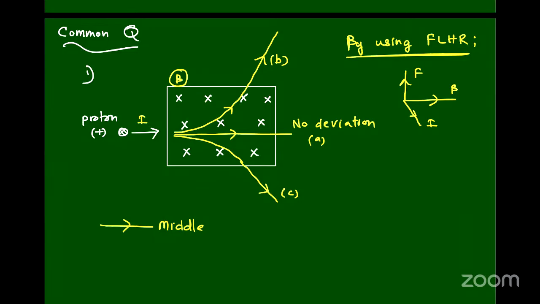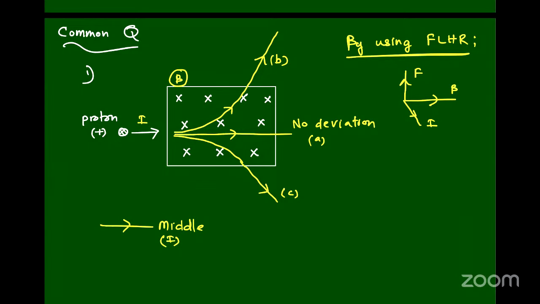You need to place your fingers in a perpendicular manner, and you need to rotate your hand and guess the direction. So the current direction will be given by the middle finger. So you need to place it like this. And now the known factor is the magnetic field.